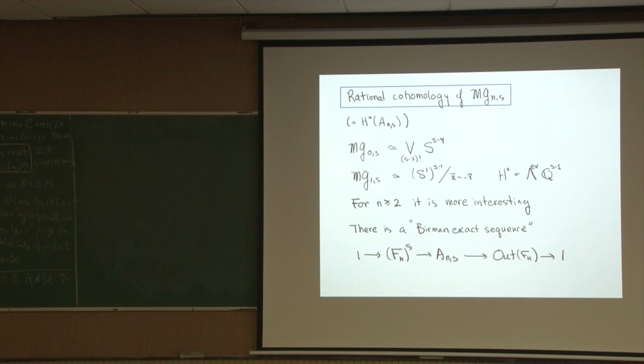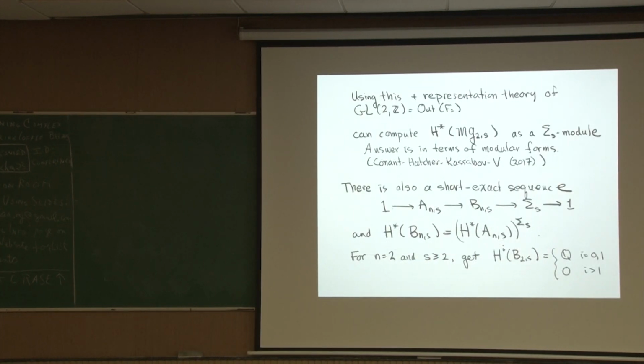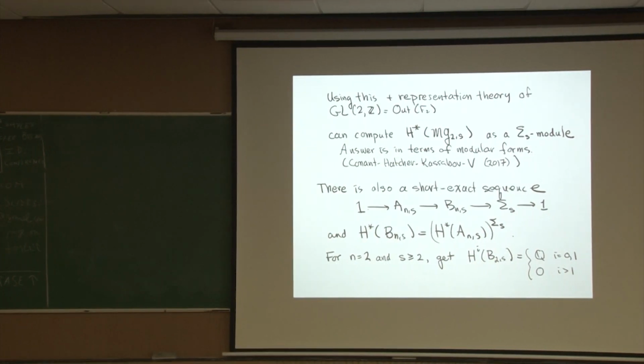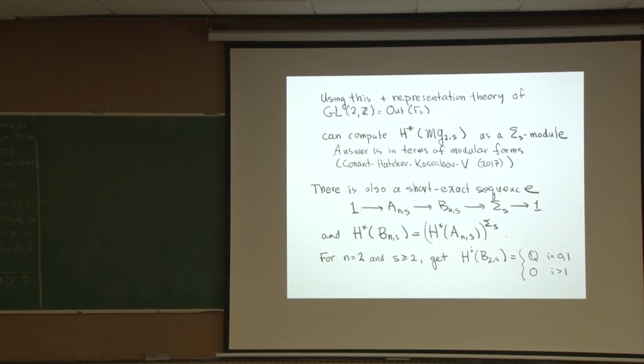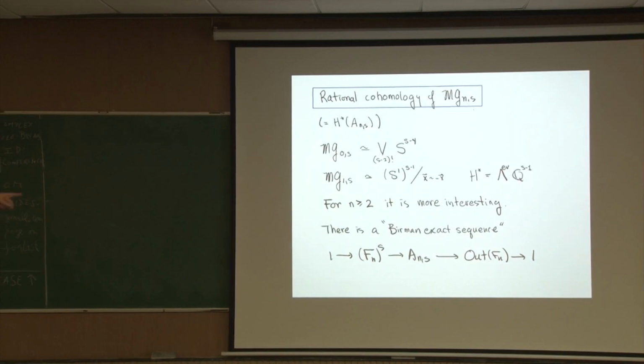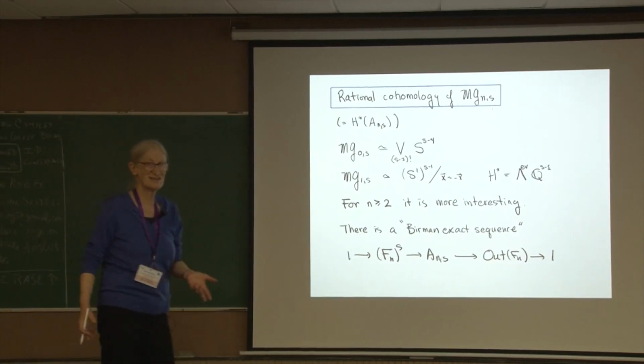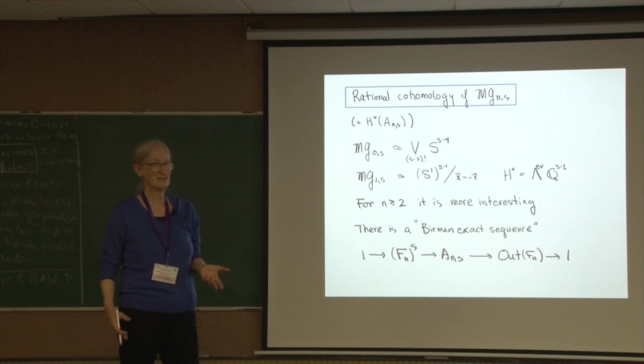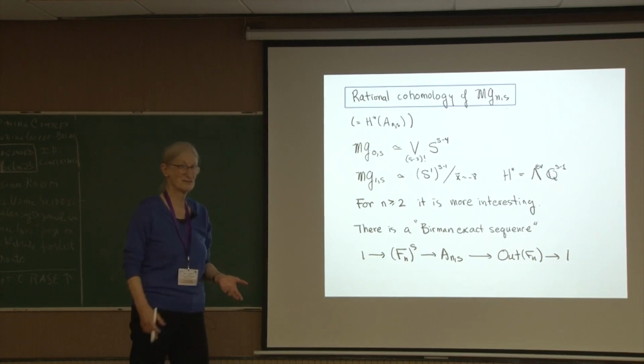So whenever you have, let me go back to this short exact sequence. Whenever you have a short exact sequence, if you're interested in cohomology of groups, you have to learn about spectral sequences.